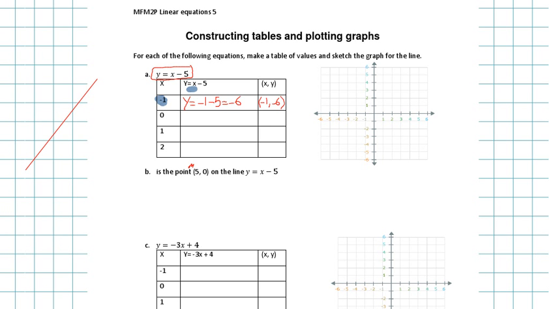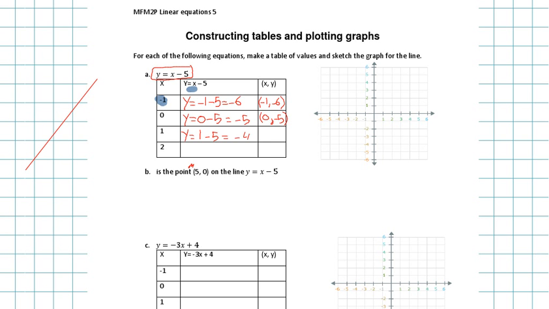The x value, I'm giving you that. If x is 0, it'll be y equals 0 minus 5, so that is -5. So what's my point? 0, -5. That's correct. X is 1, so y equals 1 minus 5, so that is -4.